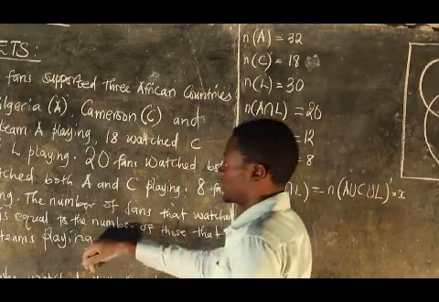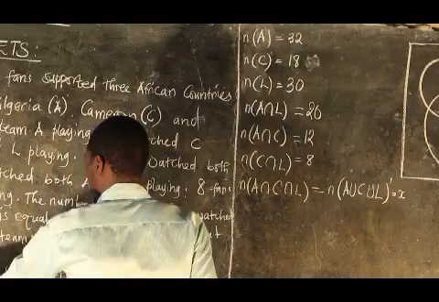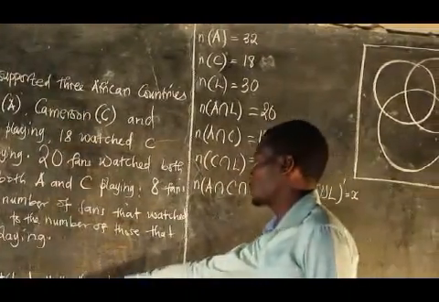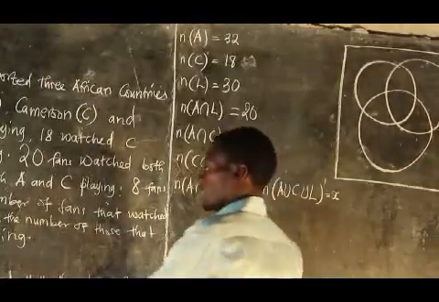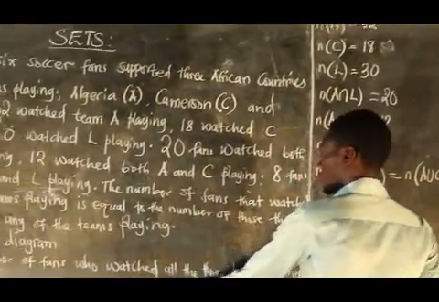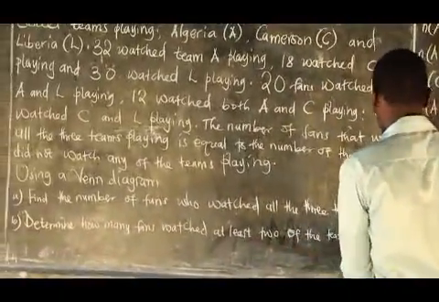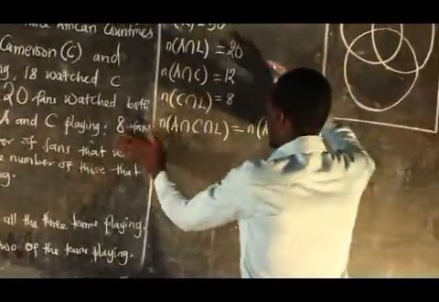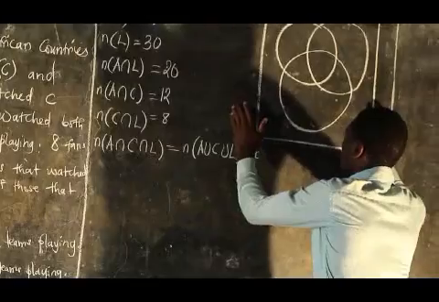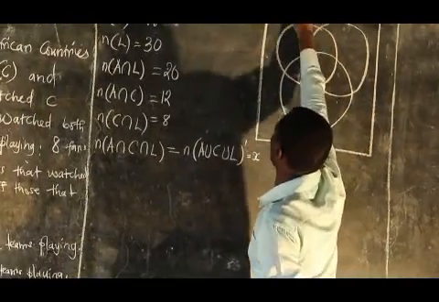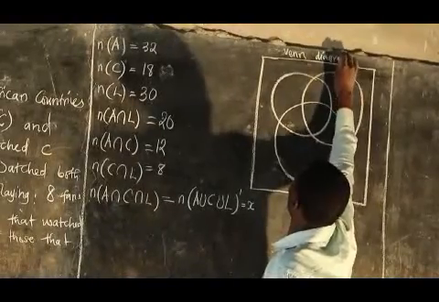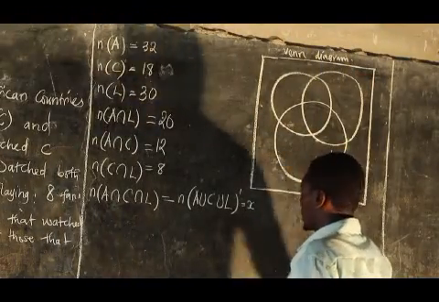up to this point. They told us, using a Venn diagram, find the number of fans who watched all the 3 teams playing, and determine how many fans watched at least 2 of the teams playing. So we are going to represent all this information which we have summarized on a Venn diagram. So this is a Venn diagram which we are drawing.